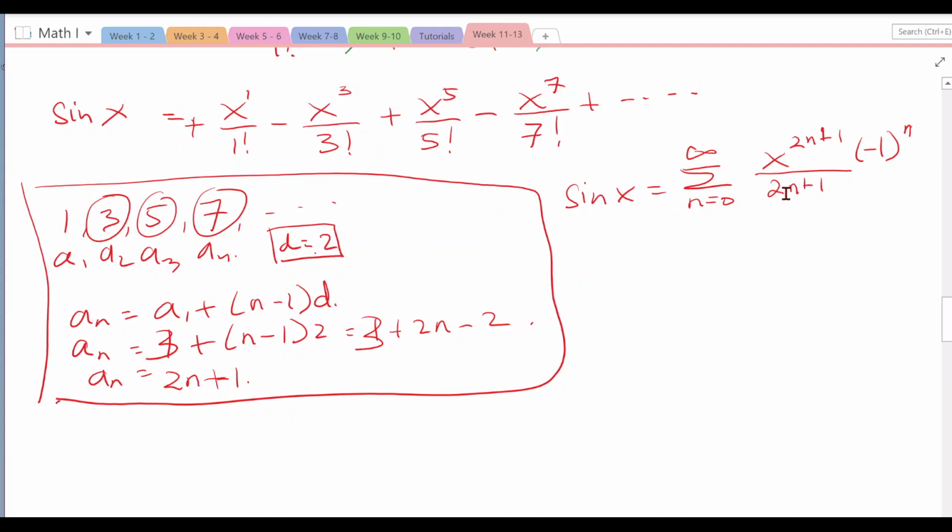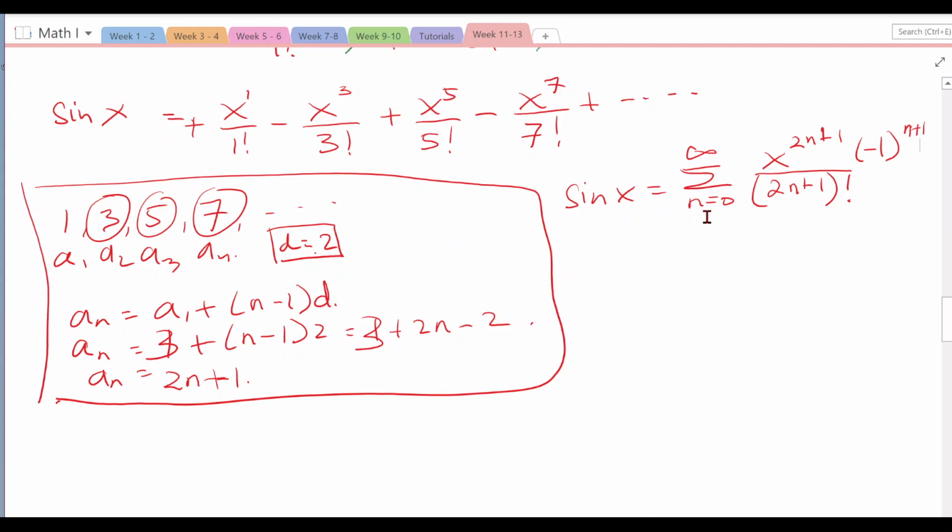We forgot to mention that it has to be 2n plus 1 factorial to match the Maclaurin expansion. That will be the formula.